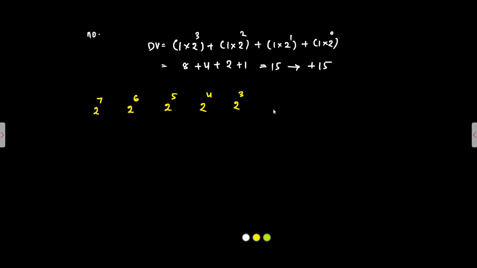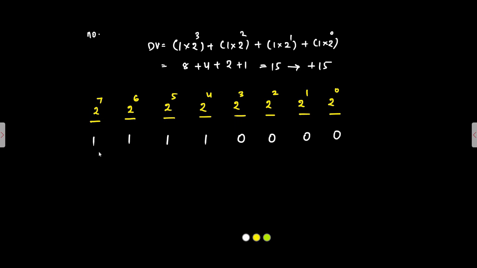You start with this format: the weights 7 down to 0, and the assigned binary number is 1, 1, 1, 1, 0, 0, 0, 0.